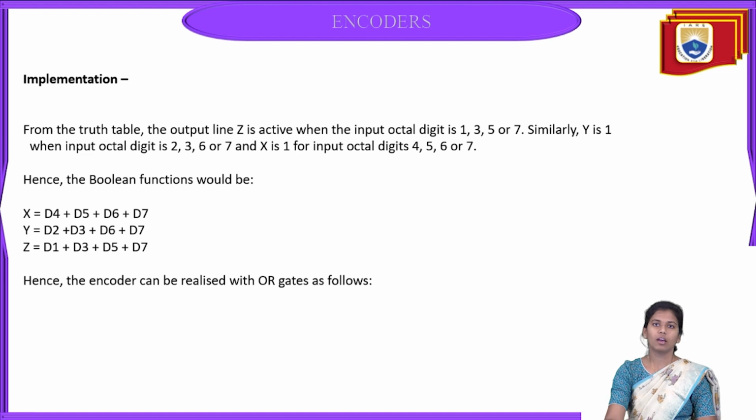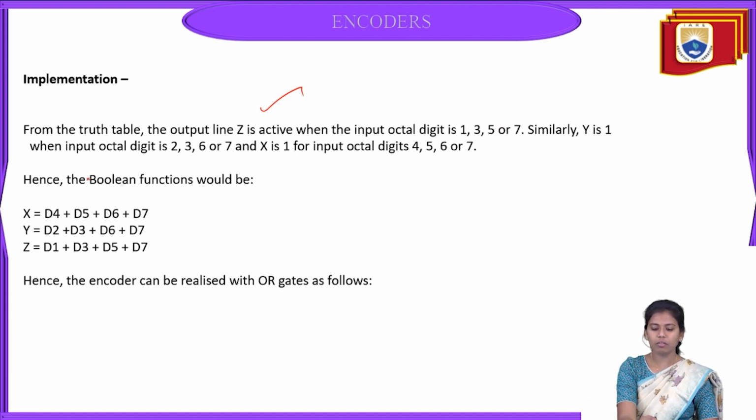Now the circuit implementation of the 8x3 encoder. From the truth table, the output line Z is active when the octal digit is 1, 3, 5 or 7.